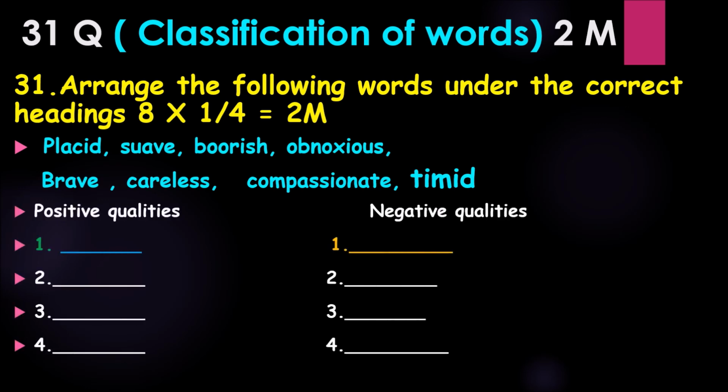And for this you will have the headings positive qualities and negative qualities. Just try to guess. I'm sure you can do almost all 6 words correctly, and 1 or 2 you will find a bit tricky, and if you follow you can do well, because we have them from reading lesson 1 only.